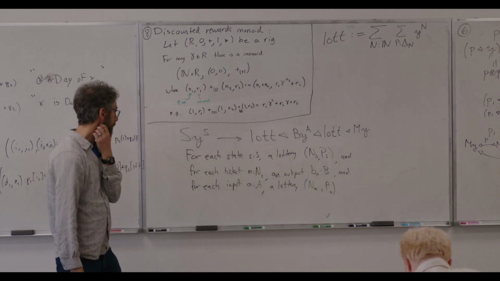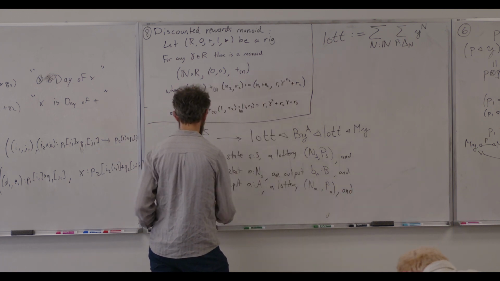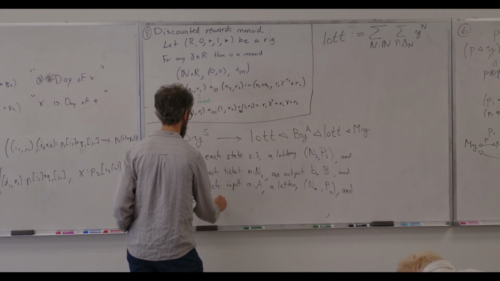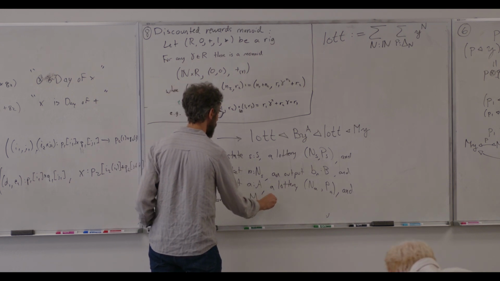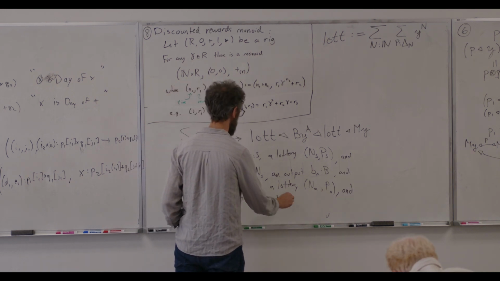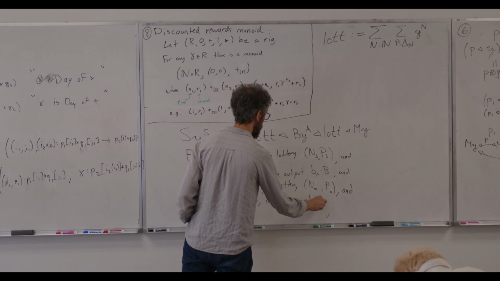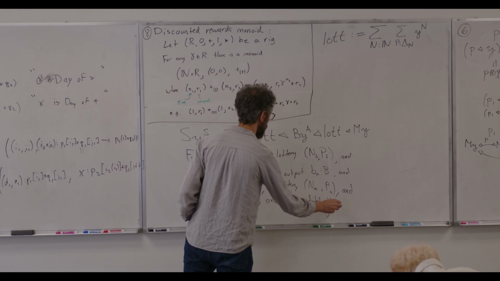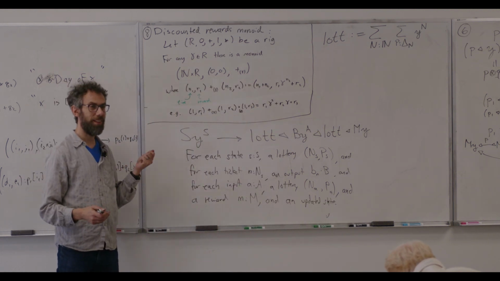And some number of tickets and a probability distribution on them, and a reward, m in M, and a new state. Now, so you've got the state machine.